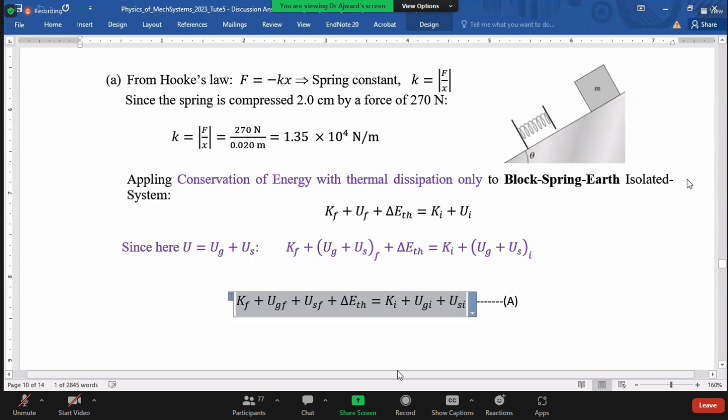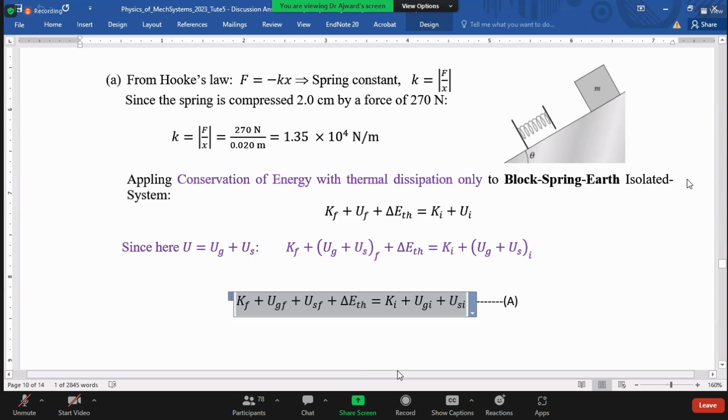So this one has to be crystal clear to you. It's the fundamental law of nature, conservation of energy. But here we are only taking the mechanical and thermal energy, no electrical or chemical or biological energies.